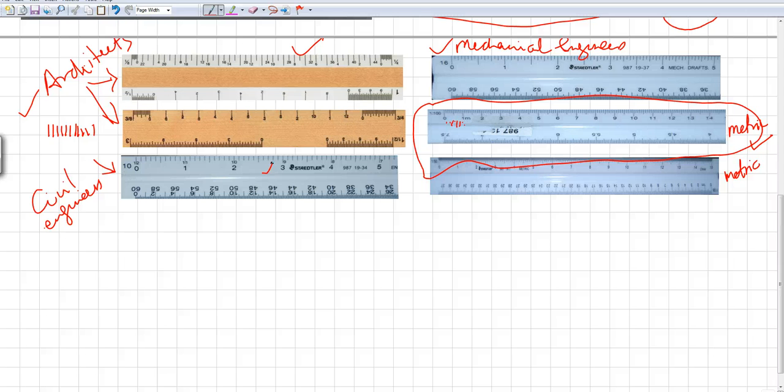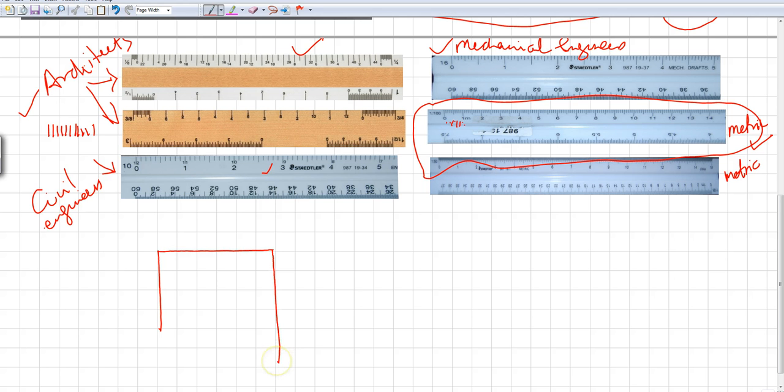Okay, now let's venture out more into the architect scale and see how the measurements are made using the architect scale. So I'm just going to draw a rough little sketch over here. Okay, it's just a rough block floor plan of a house.